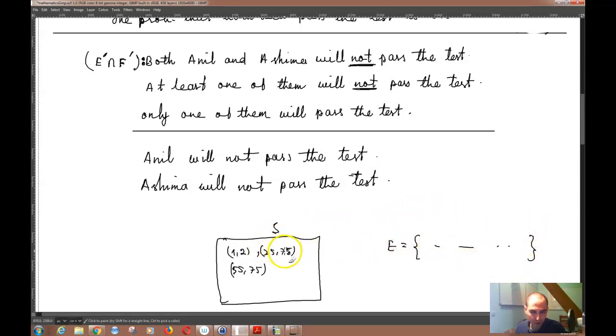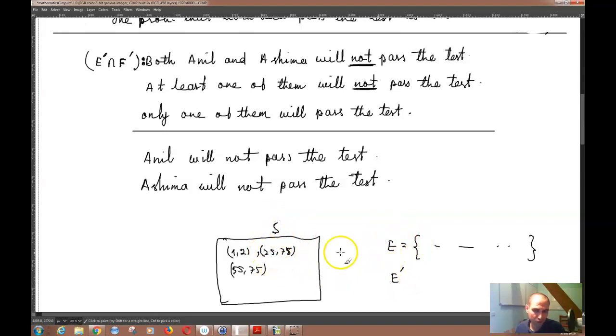Now all the other members of S that you cannot find in E, of course you can call them E prime. So again, I repeat this, all the other members of S that you cannot find in E, you can call them E prime.